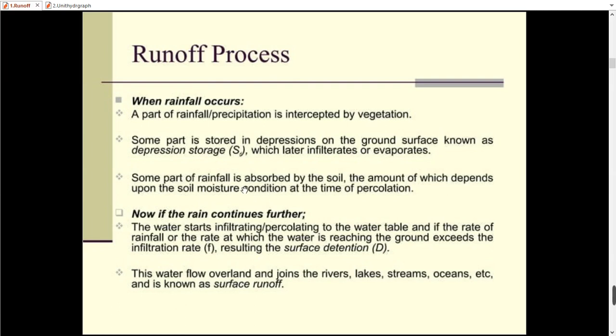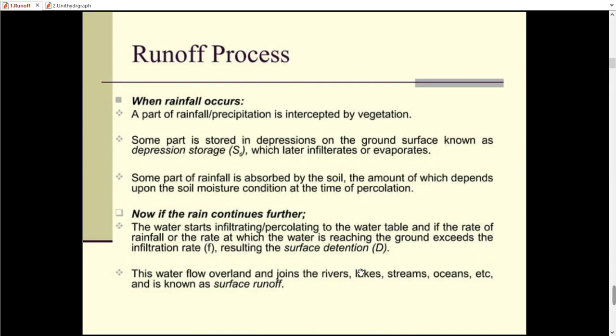Some part of rainfall is absorbed by the soil, the amount of which depends upon the soil moisture condition at the time. Percolation means the penetration of water into the soil. Now, if the rain continues further, the water starts infiltrating, percolating. So these are the important words: infiltrating, percolating.